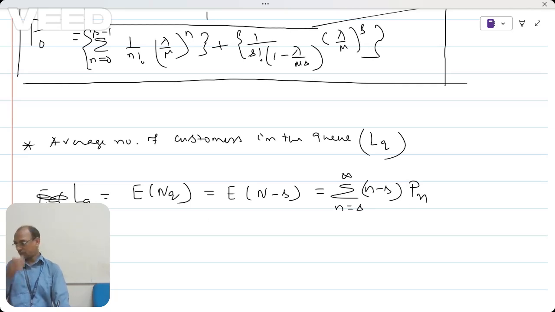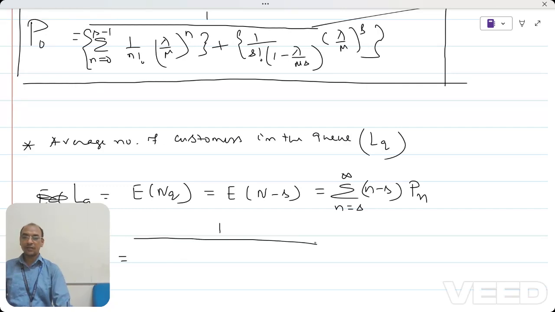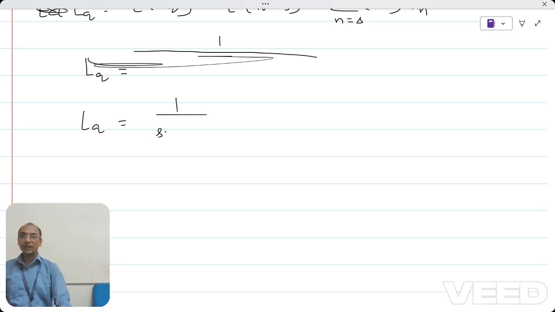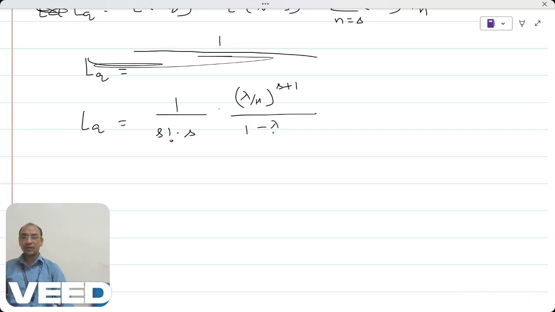If you substitute the value of that and simplify, we will get LQ equal to 1 by s factorial into s, into (lambda by mu) to the power s plus 1, all divided by (1 minus lambda by mu s) to the power 2, into P0.